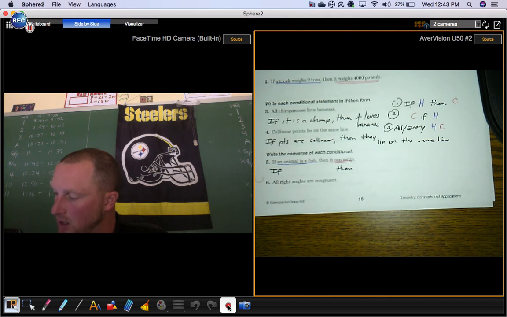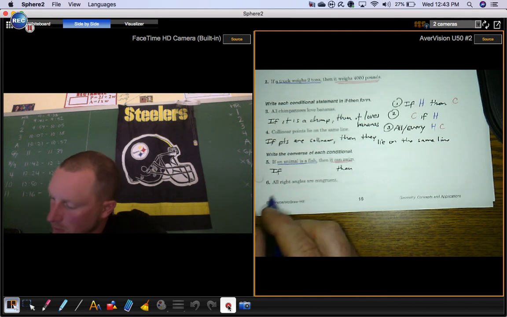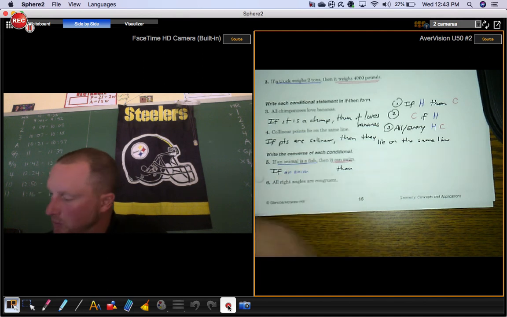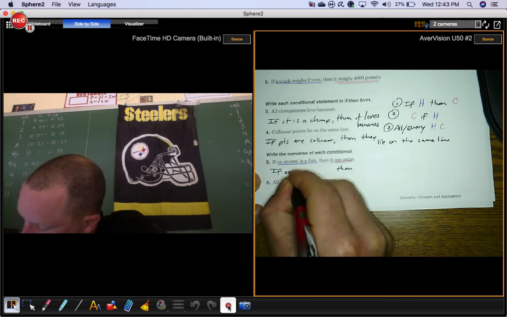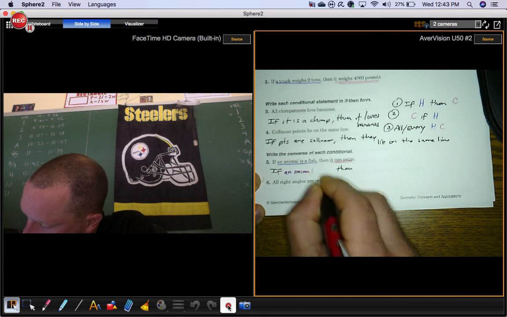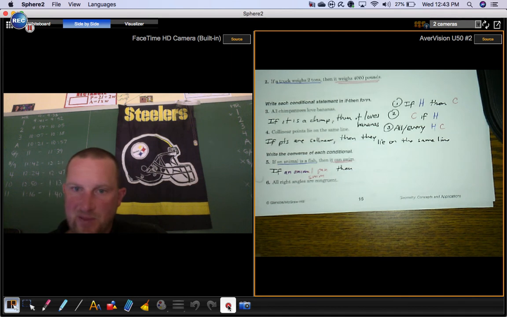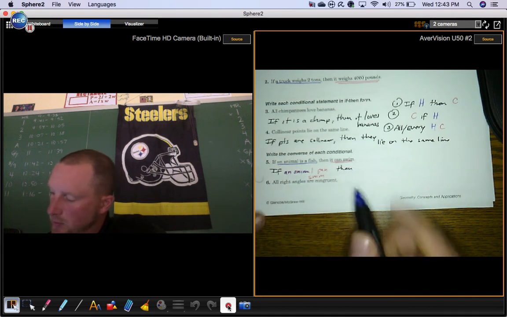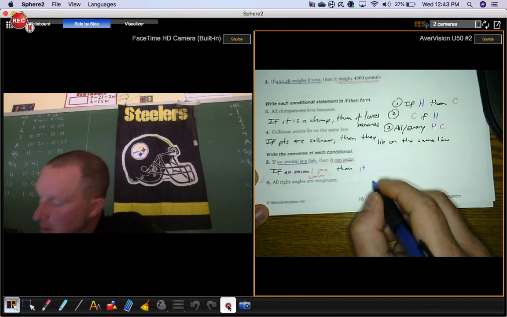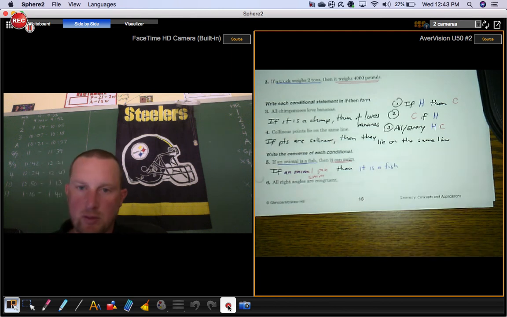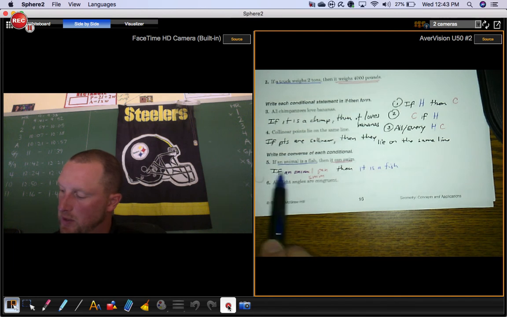So we're going to say if an animal can swim, then we'll use the pronoun now. It is a fish. So if an animal can swim, then it's a fish.